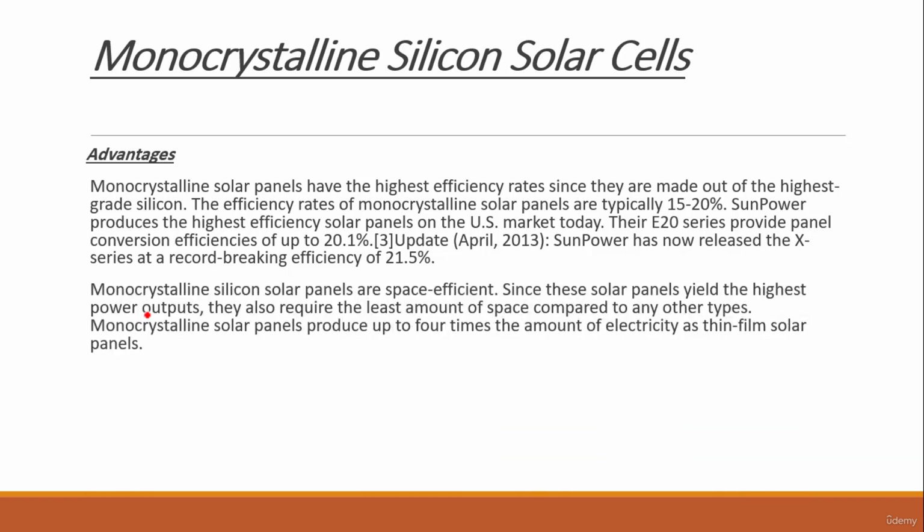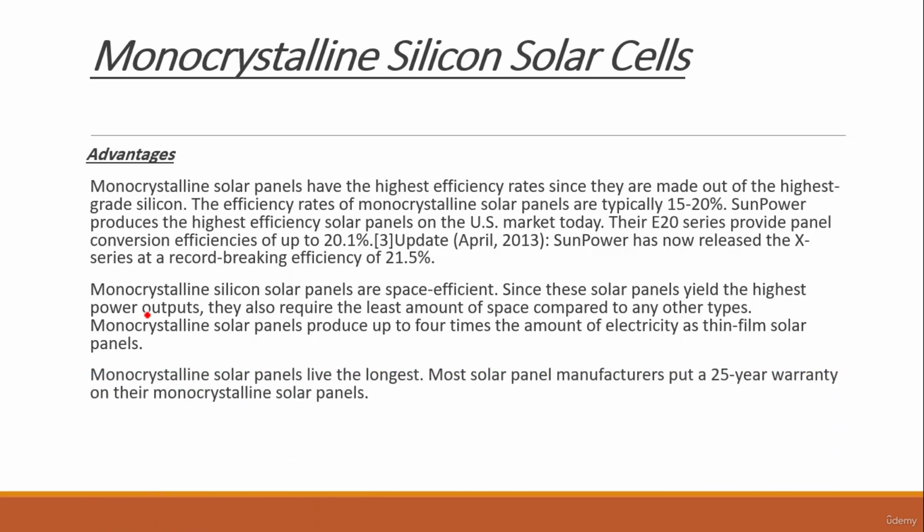Also, monocrystalline silicon solar panels are the most space effective among the solar types. Since these solar panels have the highest efficiency, they have the highest power output required for small places compared to other types, as the monocrystalline solar panel produces up to 4 times the amount of electricity of a normal thin film solar module.